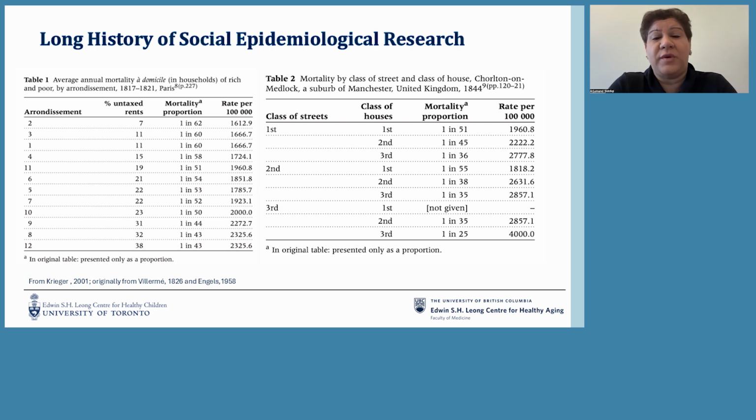So it was a mix of a more contextual measure through street and a more individualized socioeconomic measure through the class of your house. And again, finding differences and gradients in mortality across both streets and within streets across classes of houses.